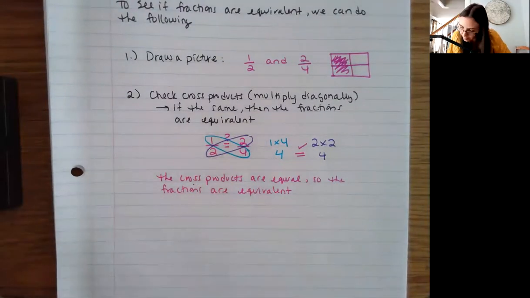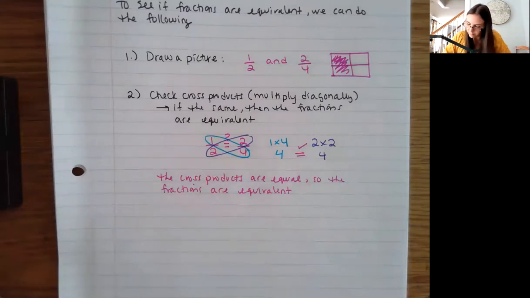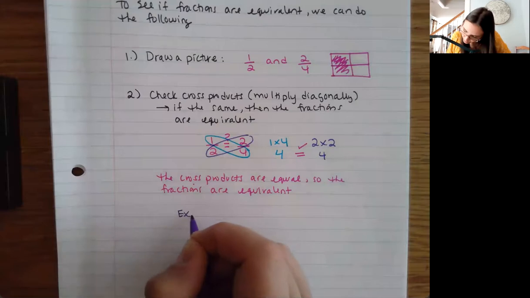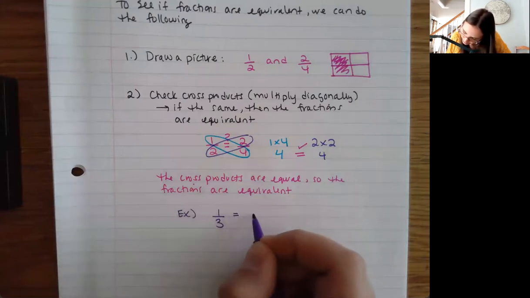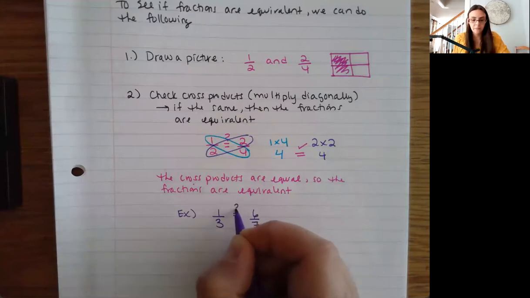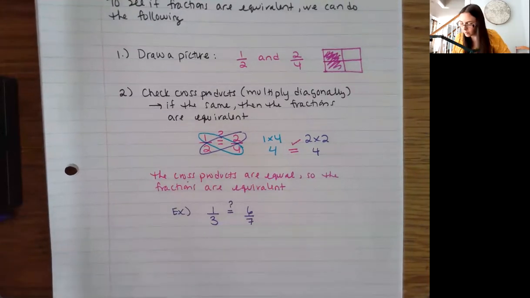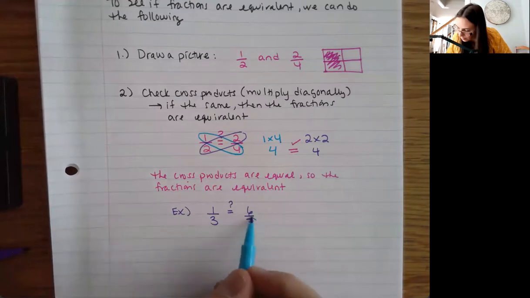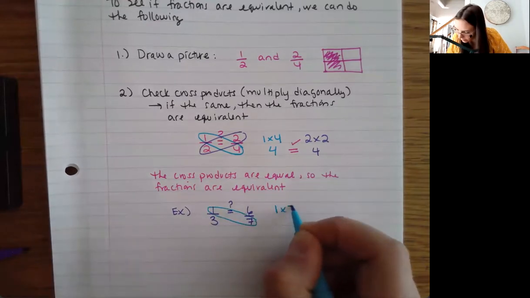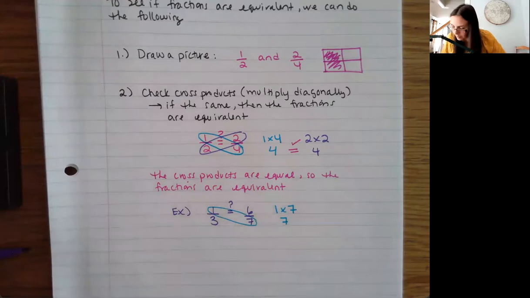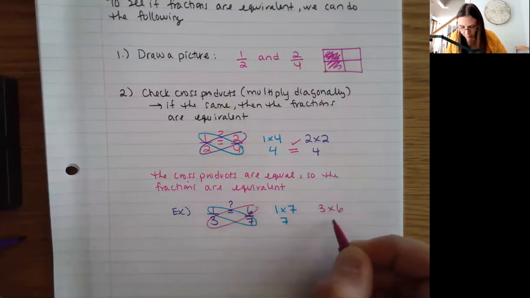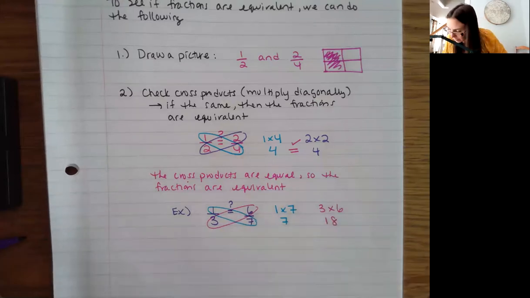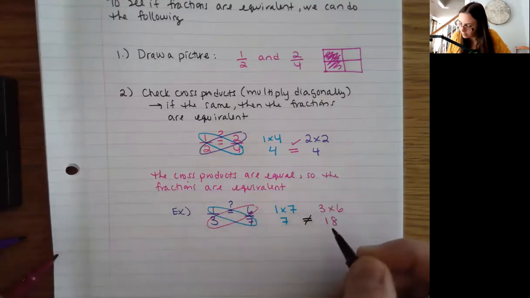Let me do one more example there, just so you have a second one as well. Okay, so let's say I want to check, is 1/3 the same thing as 6/7? So I multiply this way. 1 times 7 is 7. I multiply this way. 3 times 6 is 18, right? These are obviously not equal.